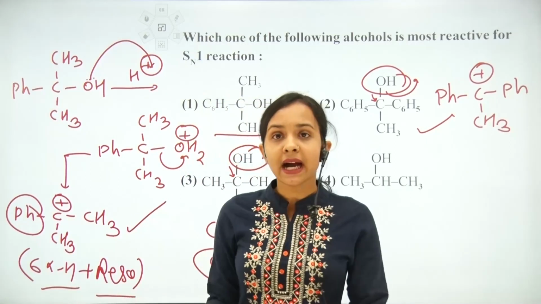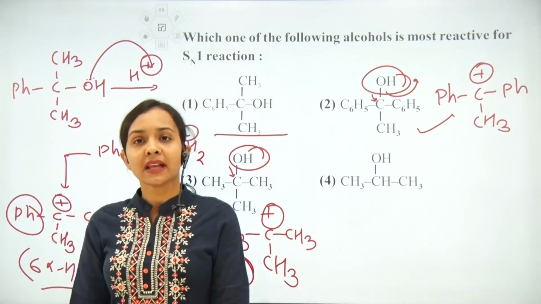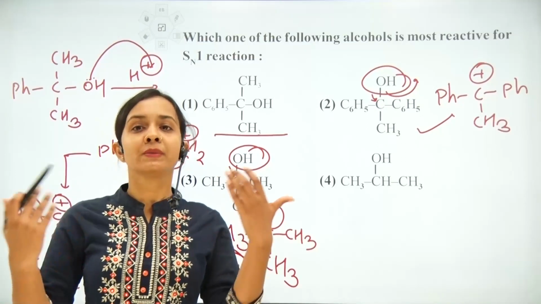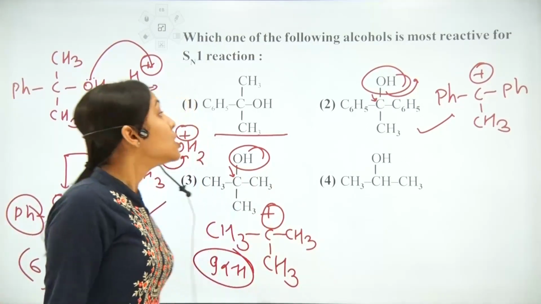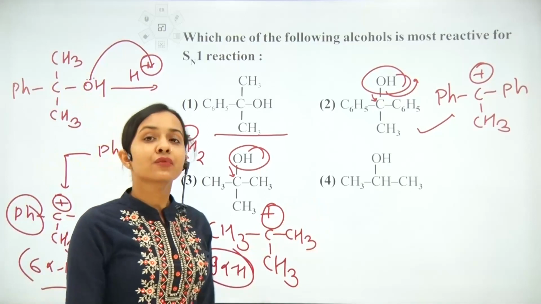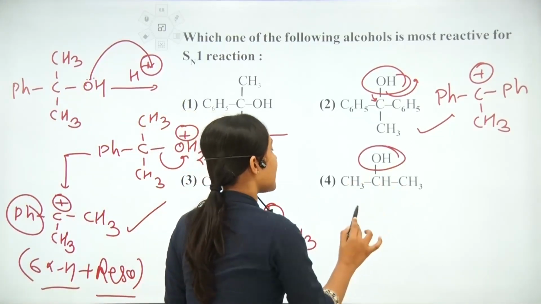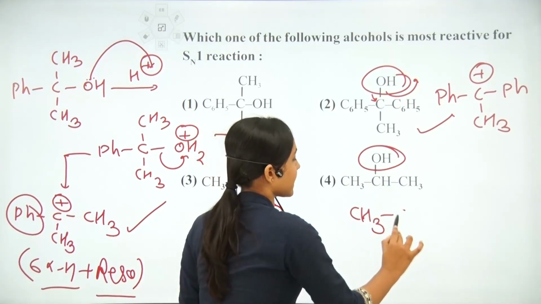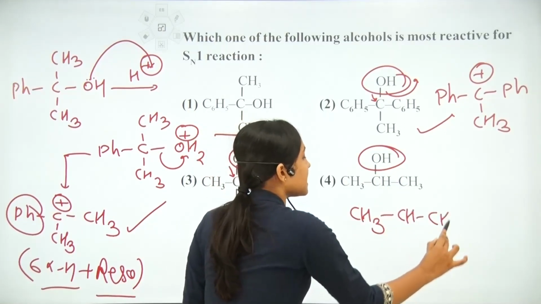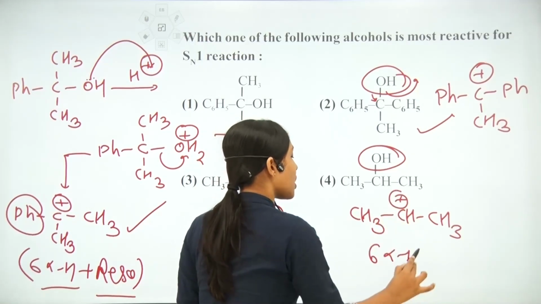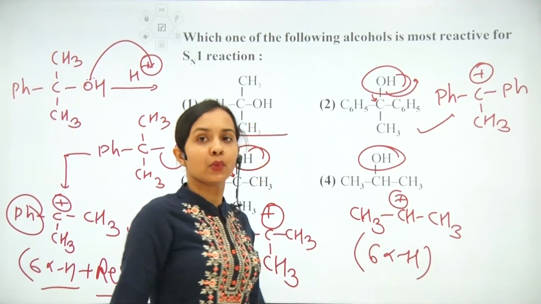So in the carbocation, if resonance is more present, then that will be the more stable carbocation and reactivity of that compound will be more for SN1 reaction, right? So here we have the fourth, and in the fourth alcohol, this OH group will leave and we will obtain the secondary carbocation, right? And it will be stabilized by only 6 alpha hydrogens. Any resonance is not present in this compound, right?